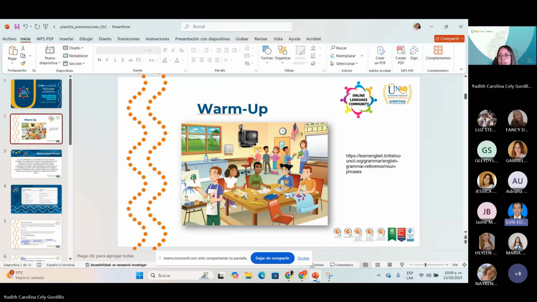And as always, there is a student with green trousers and a blue t-shirt who wants to work alone. Maybe he doesn't like to be in a group. There are brushes, painting, different things.